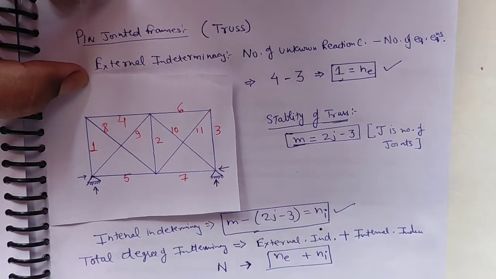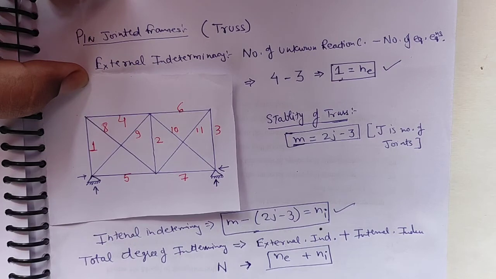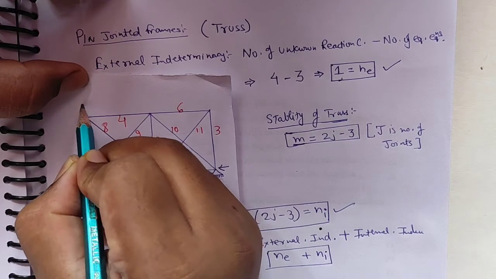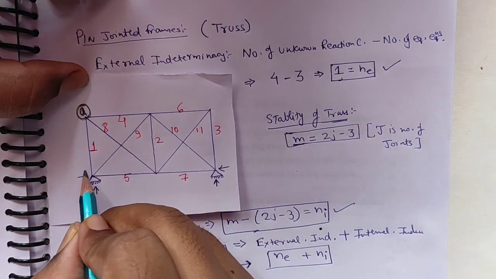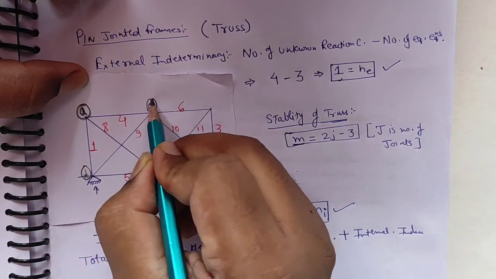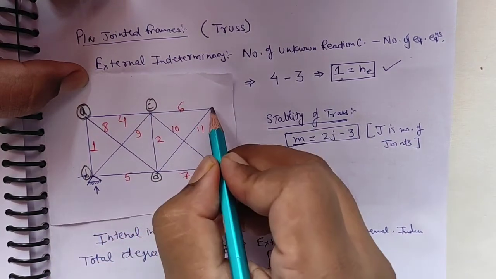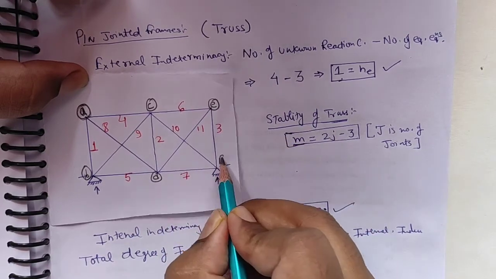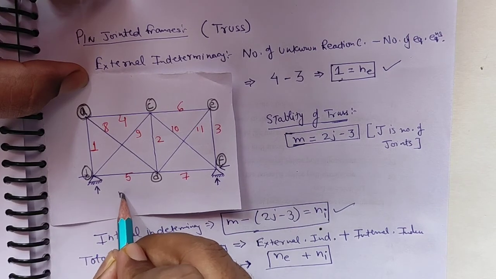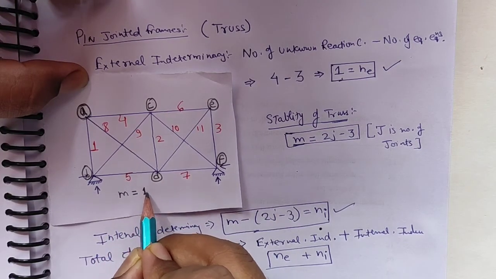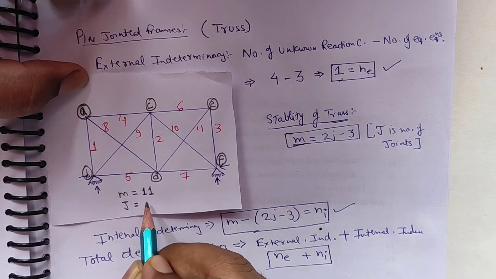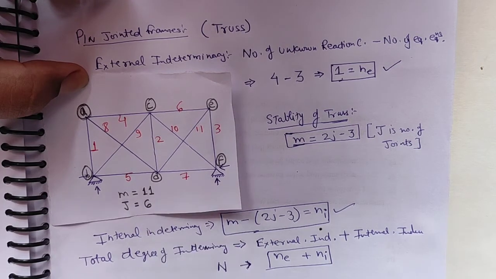So there are 11 members in the truss, and I'll name the joints 1, 2, 3, 4, 5 and 6. So the number of members is 11, which I label M, and the number of joints in this particular truss is 6.